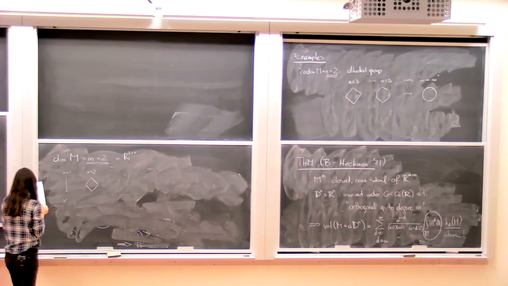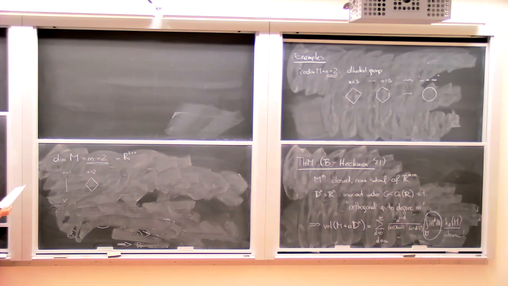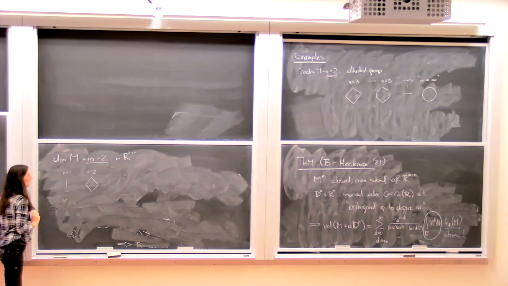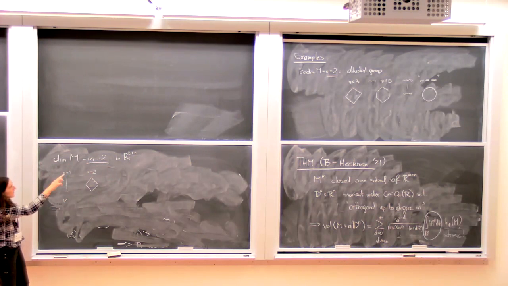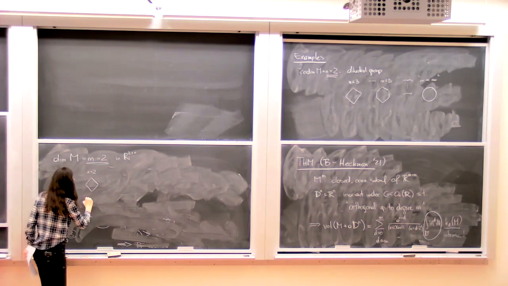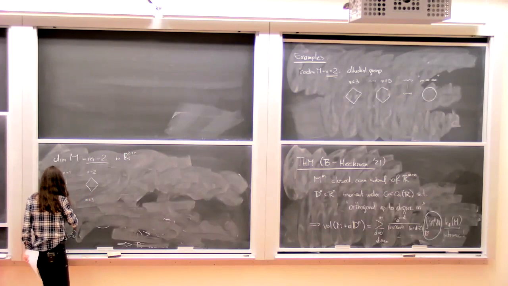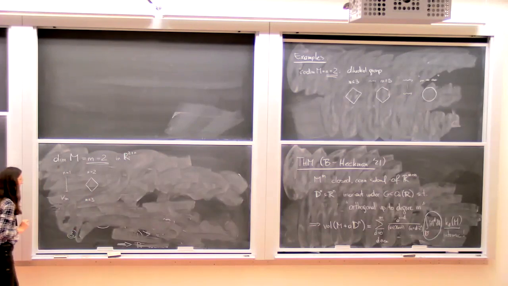So when can you use a diamond? Up to which dimension can you use a diamond? Well, you can use it in dimension 2, but you can actually also use it in dimension 3, and I've already written this down. So this is if M is less or equal to 3. So here you can actually say for all M this works.